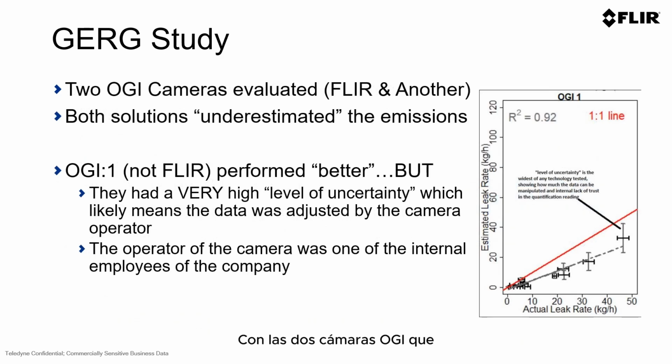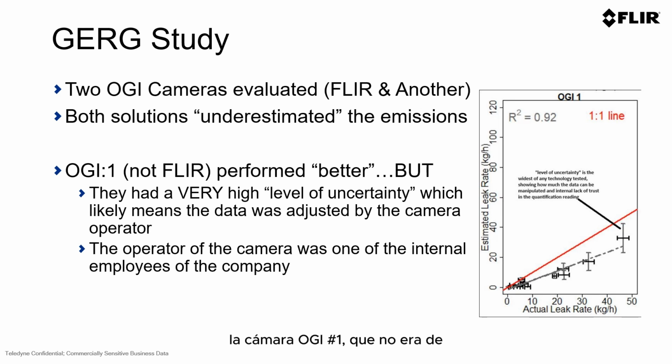Both of the 2 OGI cameras that were evaluated and QOGI technologies included in this study underestimated the emissions, which is common in most studies related to QOGI and optical gas imaging.